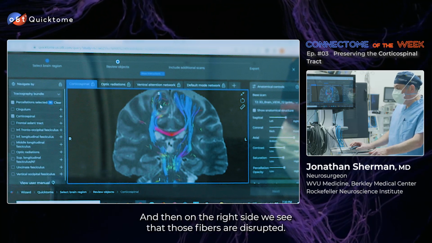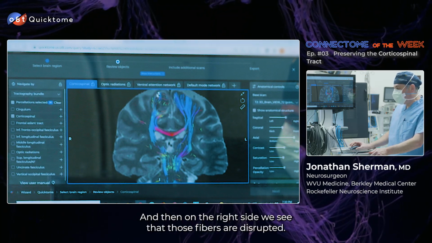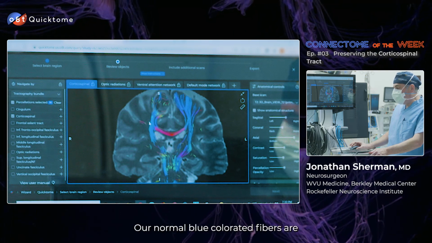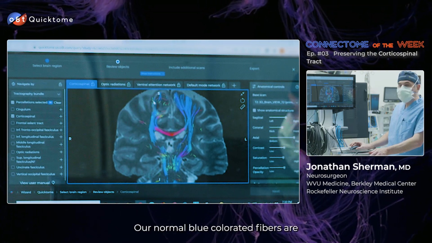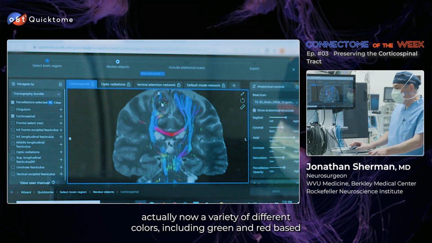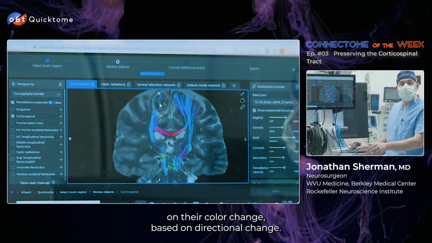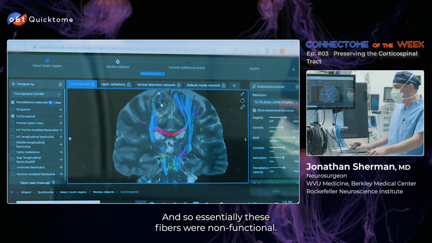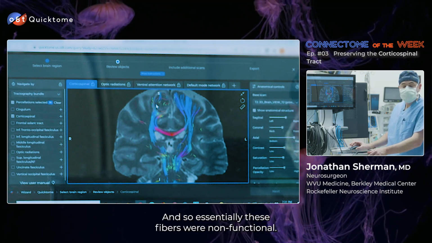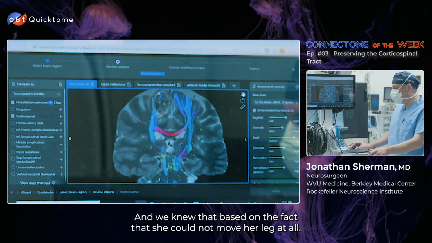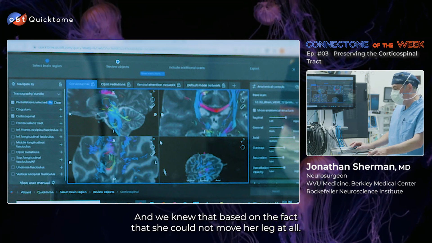And then on the right side, we see that those fibers are disrupted. Our normal blue colorated fibers are actually now a variety of different colors, including green and red, based on their color change, based on directional change. And so essentially these fibers were non-functional. And we knew that based on the fact that she could not move her leg at all.